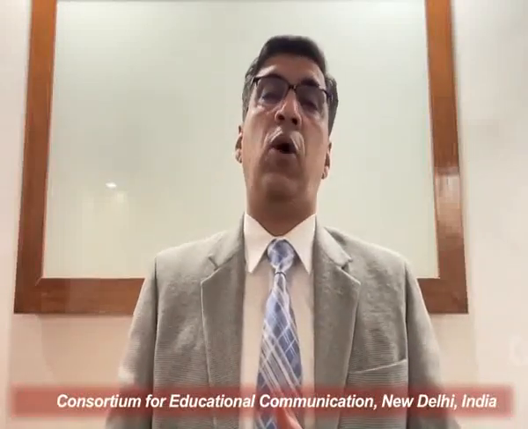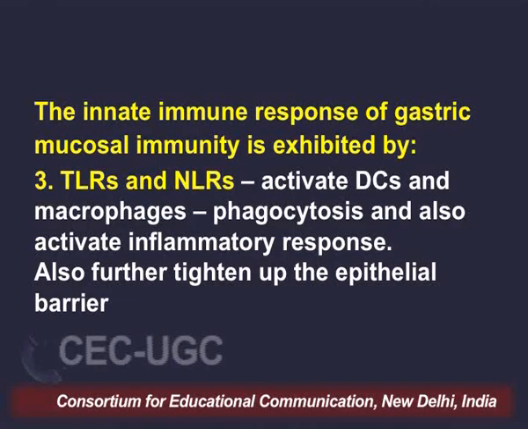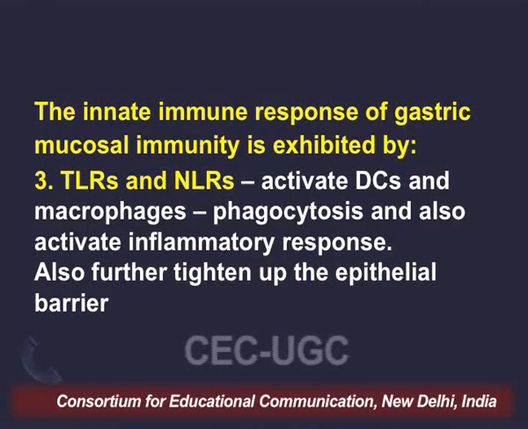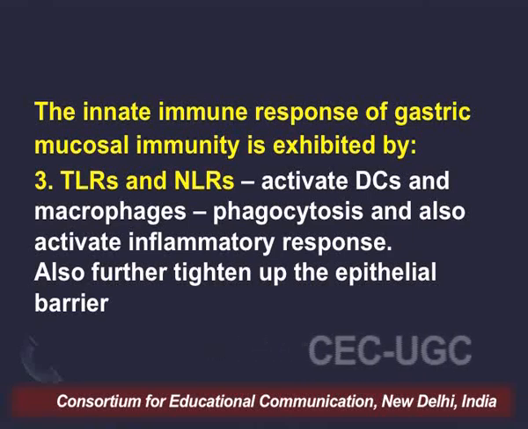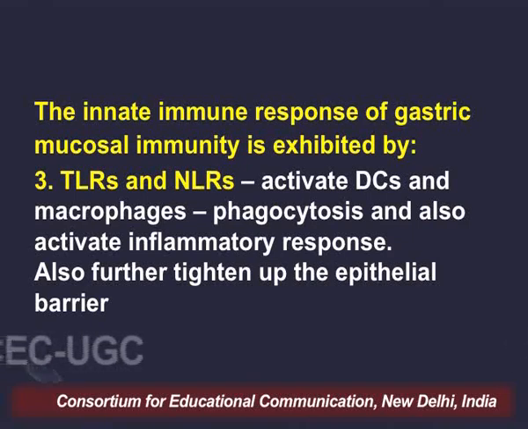Third component of the innate response in GIT is the action of toll-like receptors and NOD-like receptors, that is TLRs and NLRs. Now these TLRs and NLRs activate dendritic cells and macrophages, which cause phagocytosis, and also activate inflammatory response.